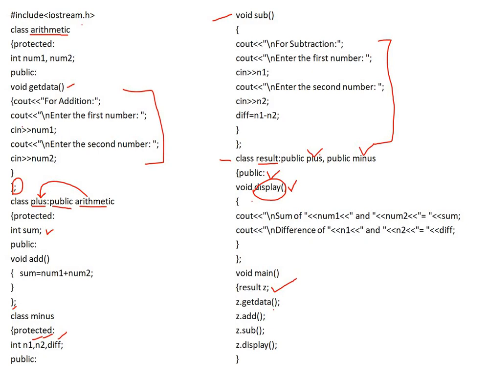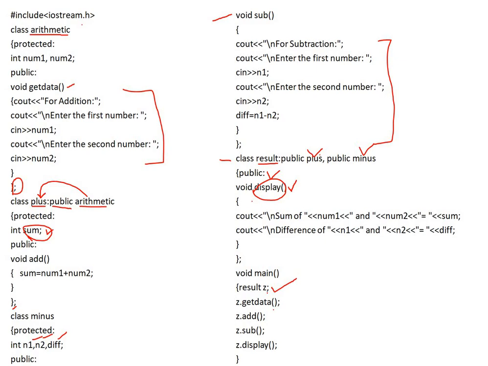Means memory is allocated to num1 and num2 within the base class, to n1, n2 and diff in the minus class, and to sum in the plus class. Now after creation of an object, the derived class object z invokes public member functions within that class.